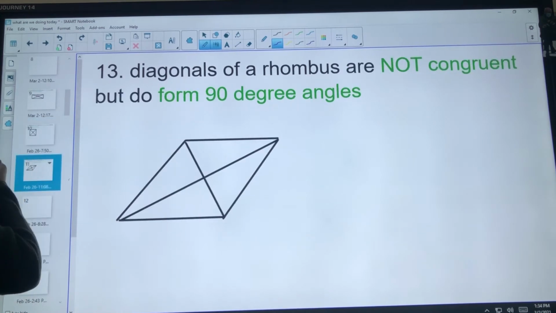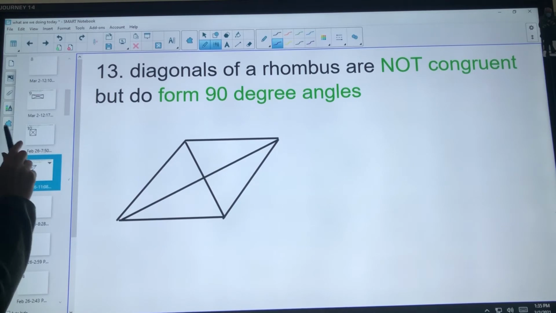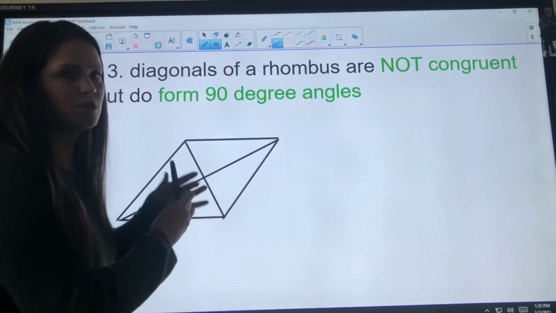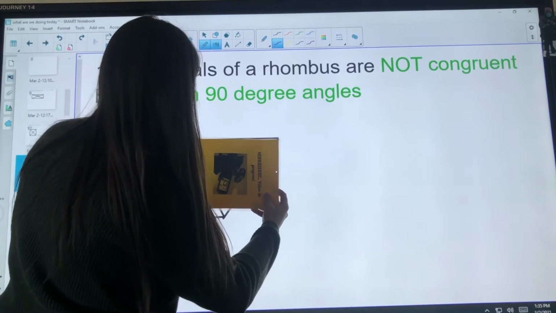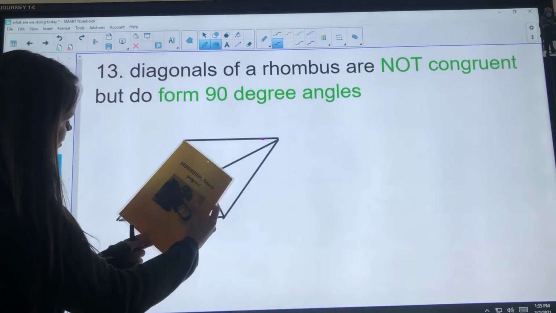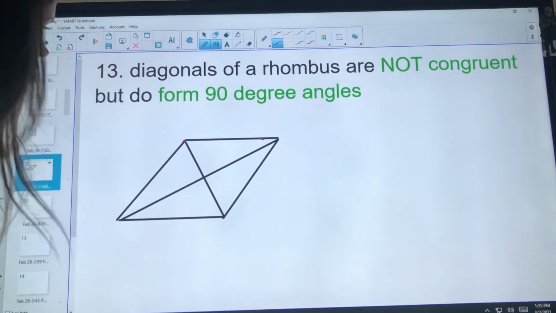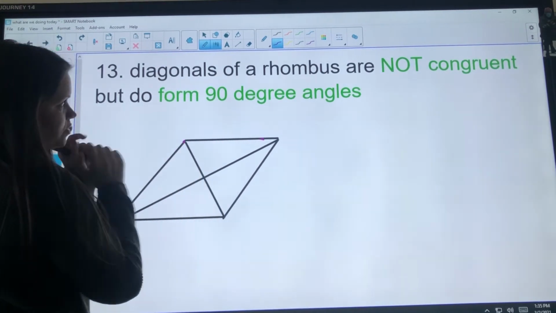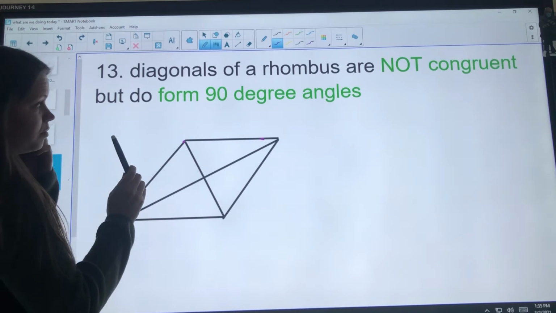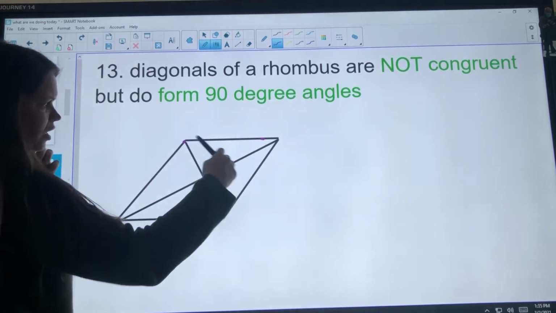Next. But a rhombus. If you don't believe me that these are the exact same length, because they're slanted, look. It's about the length of my yellow paper. Those sides are the same, but as soon as a square gets slanted like that, it becomes a rhombus. But this is way longer than that, you know?